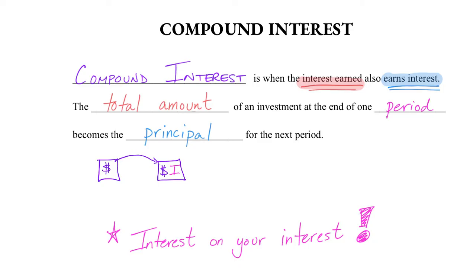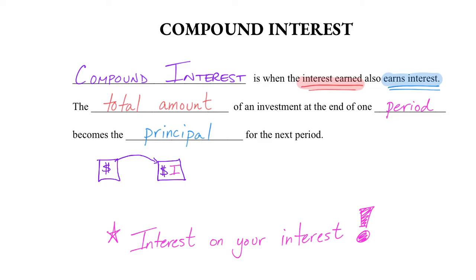Well, with simple interest, we never calculate interest on top of our interest. But with compound interest, we do. Because what happens is my total amount in my bank account has now increased. You can see my dollar sign, my original principal, and now you see the other I, my interest.